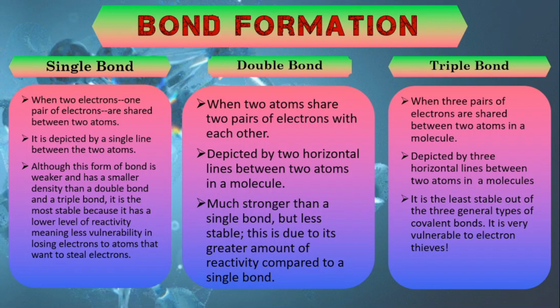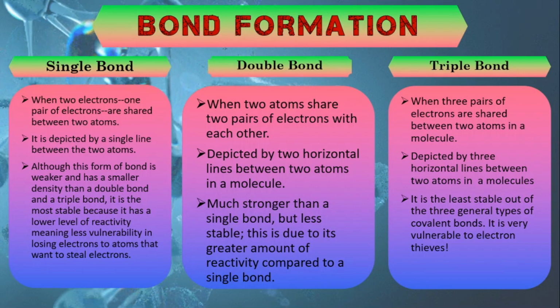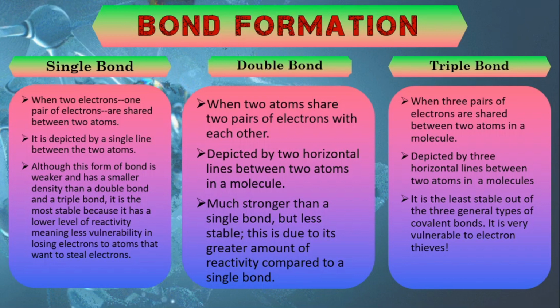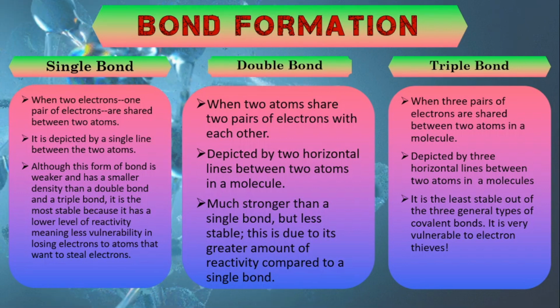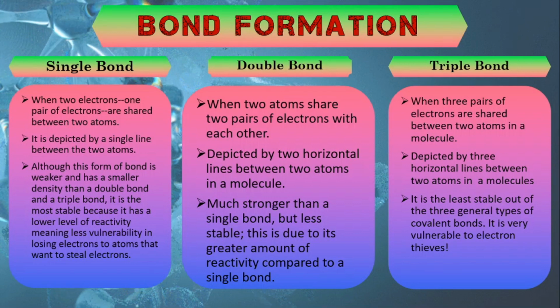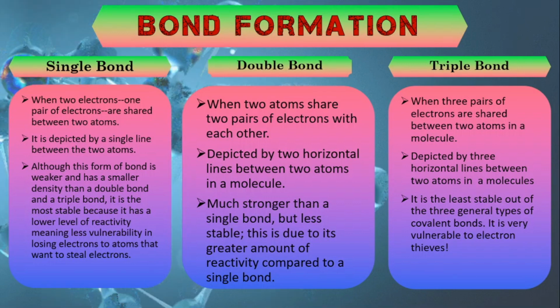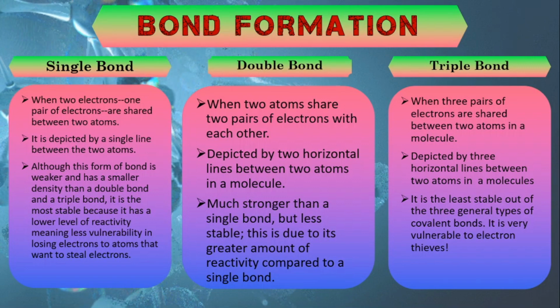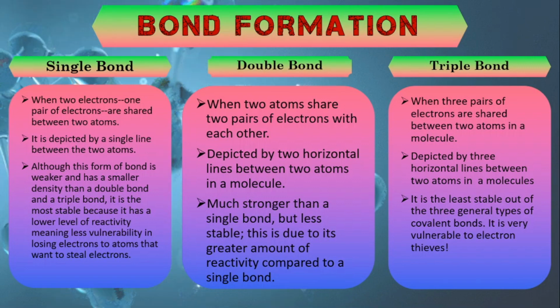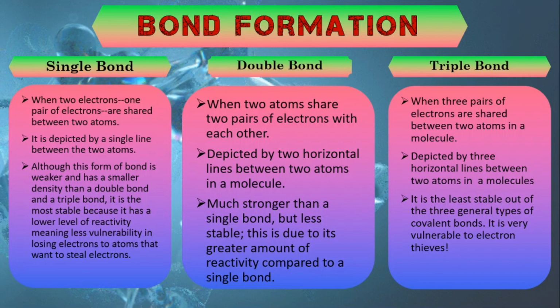Double bond, on the other hand, is when 2 atoms share 2 pairs of electrons with each other. This is depicted by 2 horizontal lines between 2 atoms in a molecule. It is much stronger than a single bond but less stable. This is due to its greater amount of reactivity compared to a single bond.